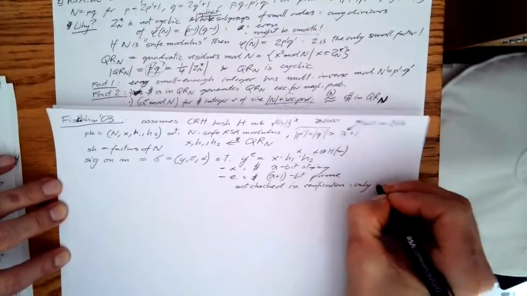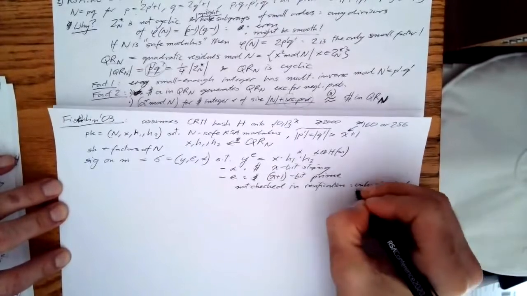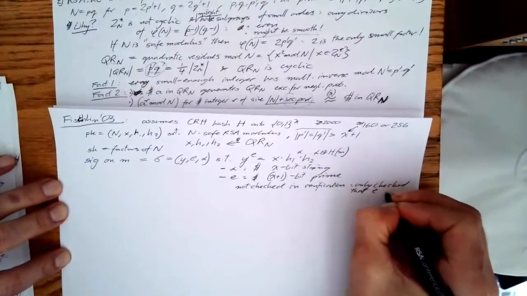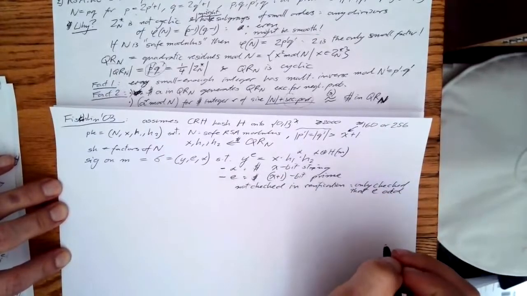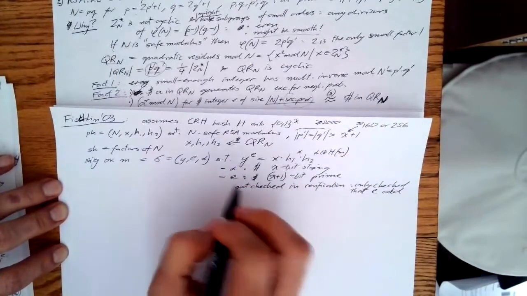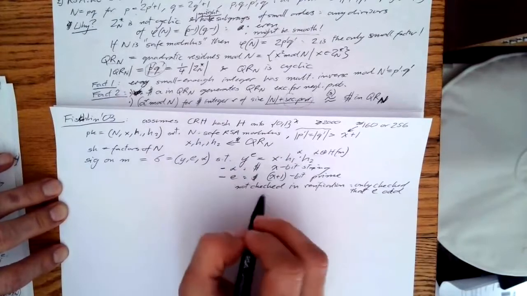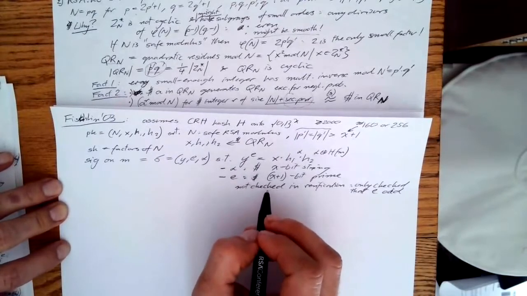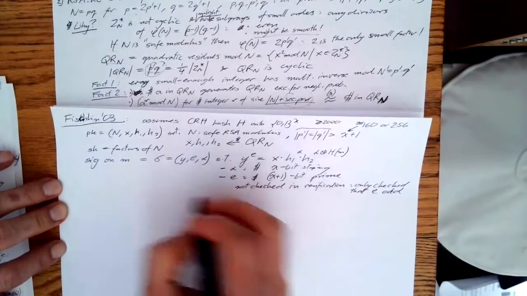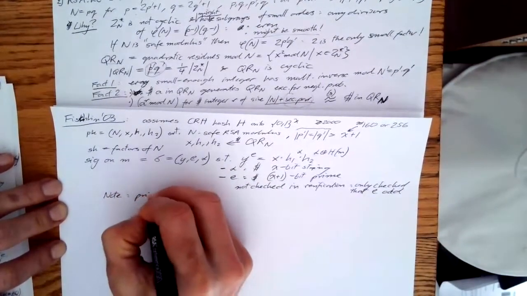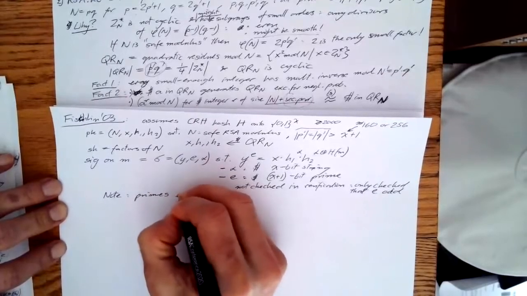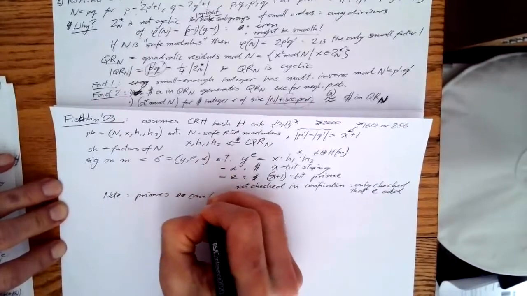Only checked that E is odd, which is great because in verification I don't have to do primality checking, which would be annoying. And the primes E can be pre-computed.